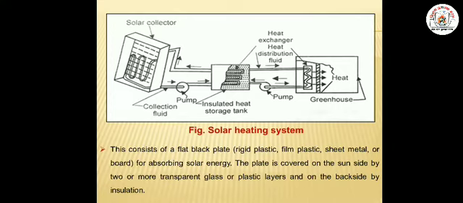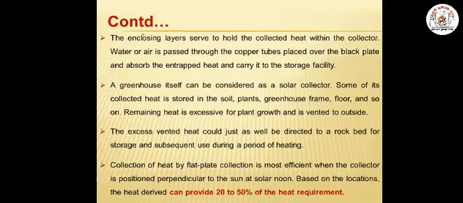This is the back side which is provided with insulation. The enclosing layers serve to hold the collected heat within the collector. Water or air is passed through copper tubes placed over the black plate, absorbs the entrapped heat, and carries it to the storage facility.